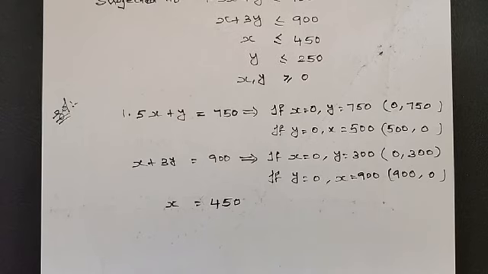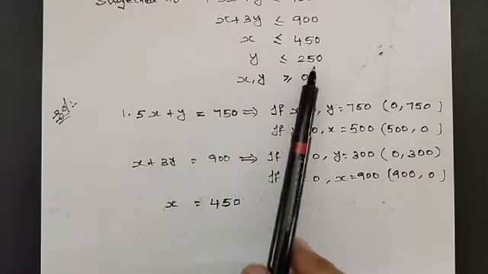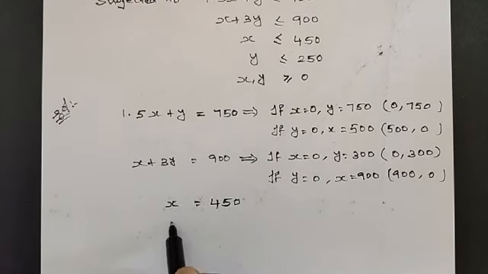So we can't write that as vertices. Next, the fourth constraint: y less than or equal to 250. If we convert that into equality, then y is equal to 250. What is the meaning of that? For any value of x, the value of y is equal to 250, and that is constant.